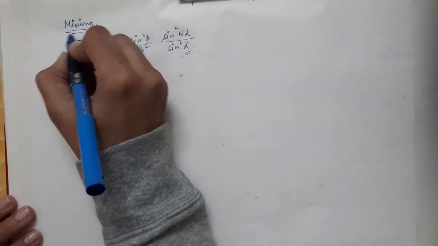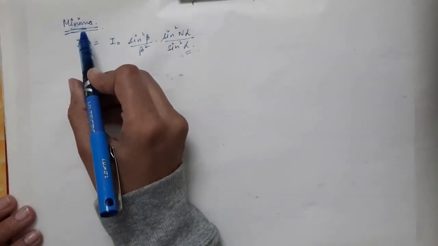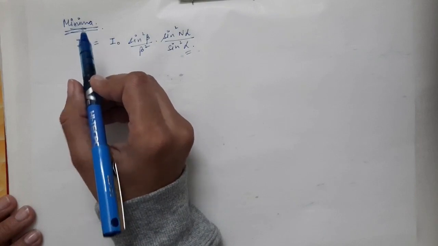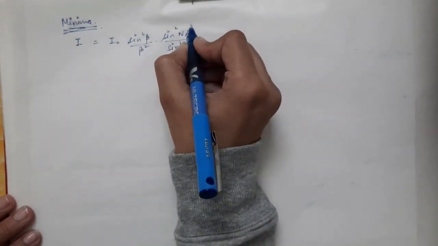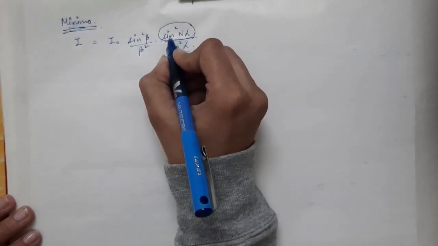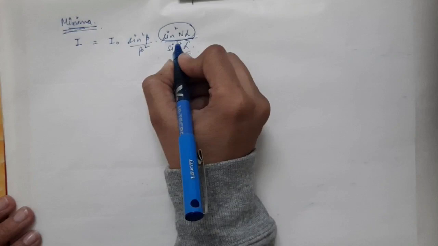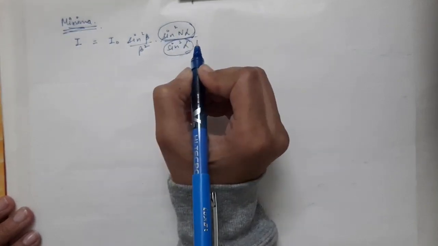Now we are going to see when intensity is equal to 0, that is, we are going to find the condition of minima. Intensity will be 0 when this factor sine square n alpha is equal to 0 but sine square alpha is not equal to 0.